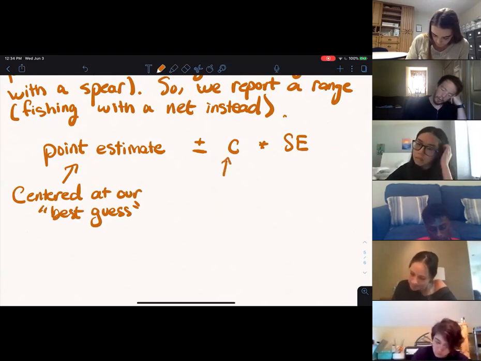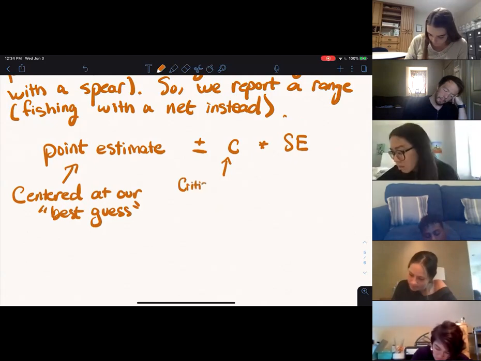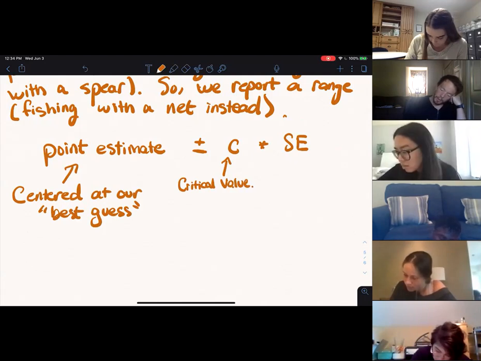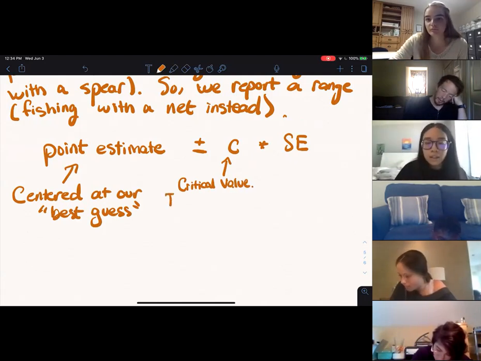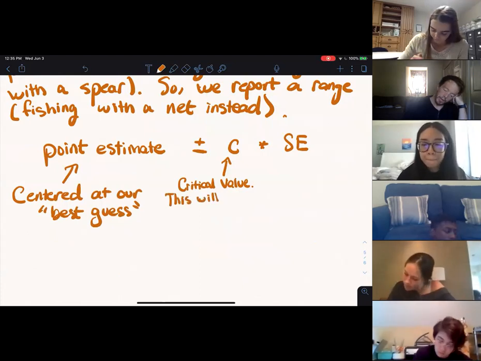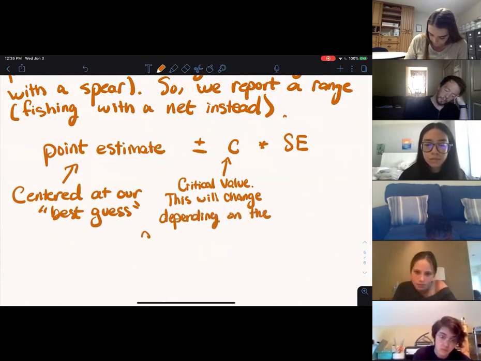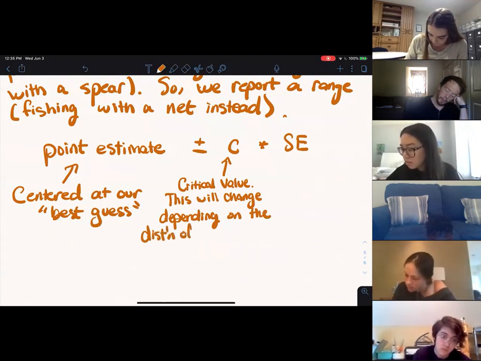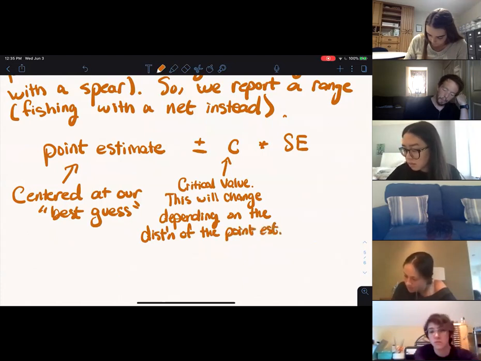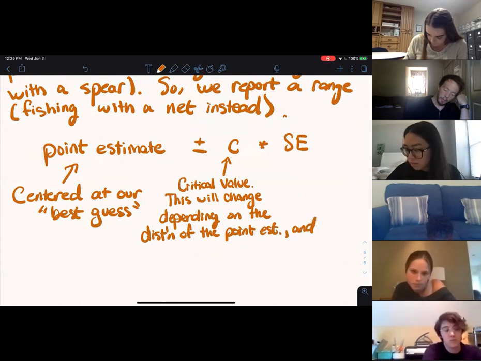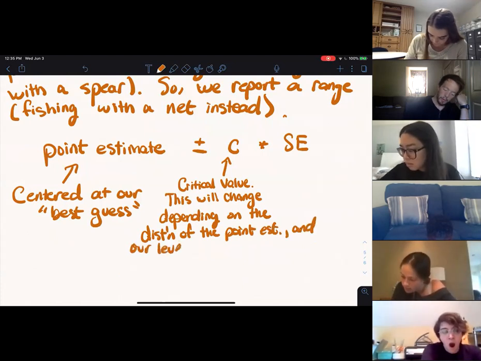This is called the critical value. I'm going to talk more in a bit about how we calculate this, but for now I'm going to say this will change depending on the distribution of the point estimate and our level of confidence.